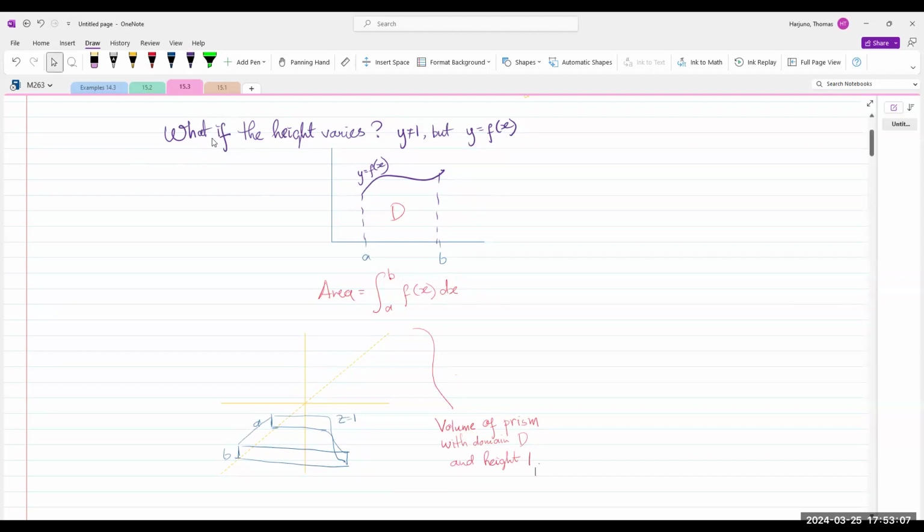Right? Notice how I move from a two-dimensional notion area to the three-dimensional notion volume.